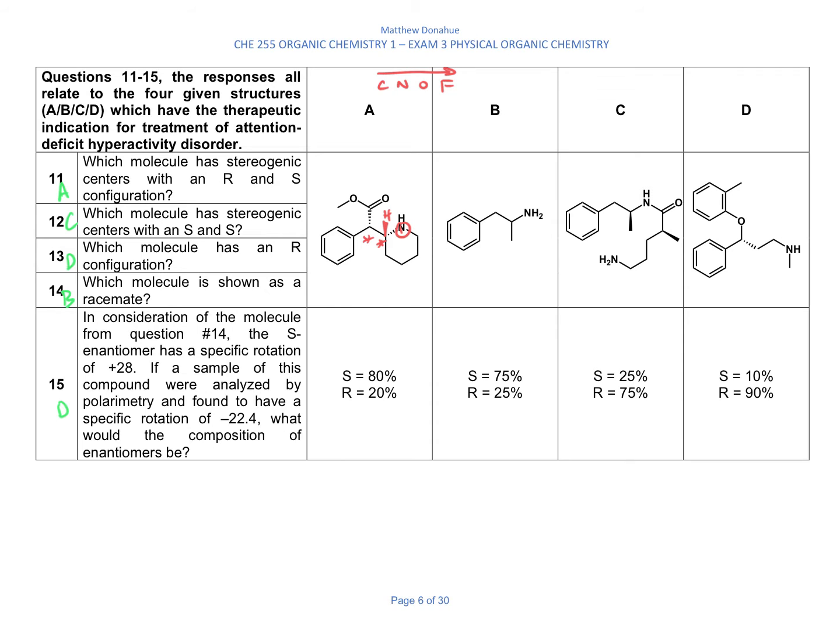Again, this one will be R. And so it says which one has RS. The next question says SS, then R. So this one has to be A because, again, there's two stereo centers. The question is asking R and S. So the other one has to be S.